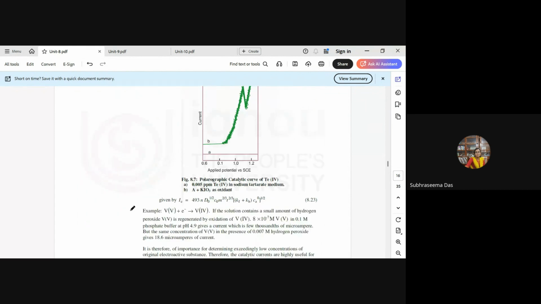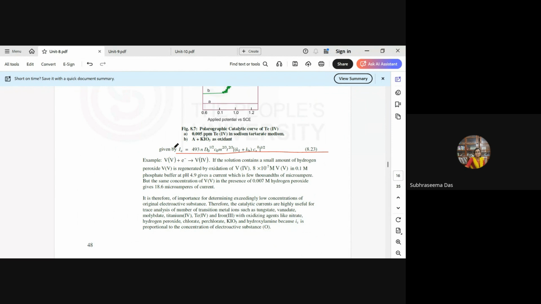The average catalytic current over the life of a drop is given by equation 8.23. So, for example, vanadium in the 5 state plus e⁻ forms vanadium 4. If the solution contains a small amount of hydrogen peroxide, then V(V) is regenerated by oxidation of V(IV). So 8 into 10 to the power minus 7 molar V(V) in 0.1 molar phosphate buffer at pH 9 gives a current of a few thousandths of a microampere.